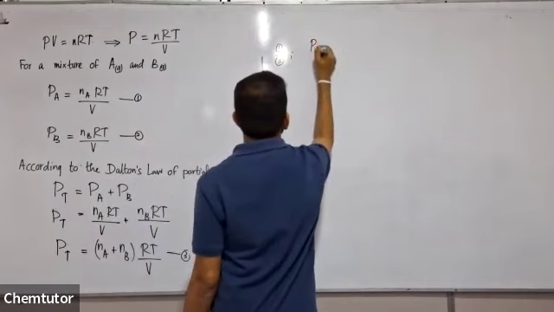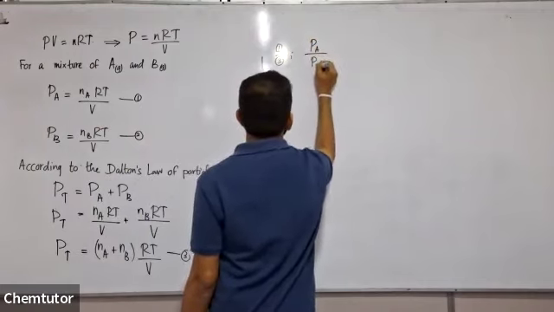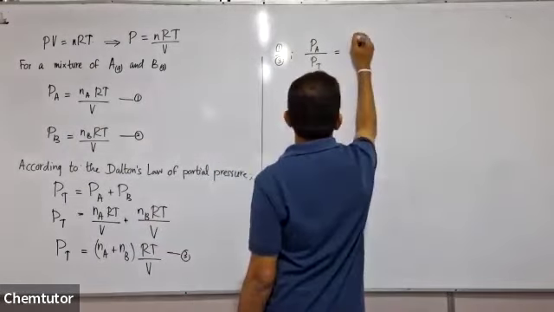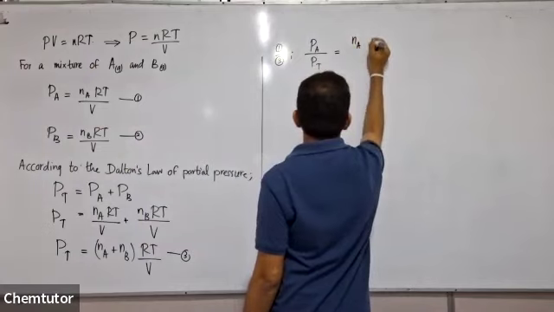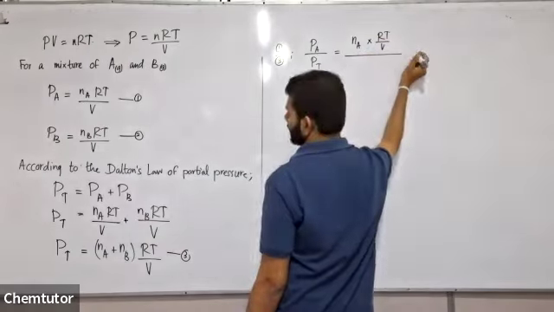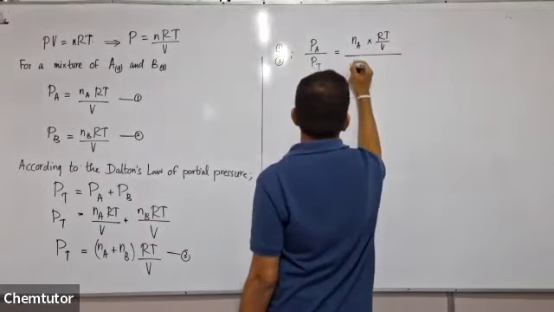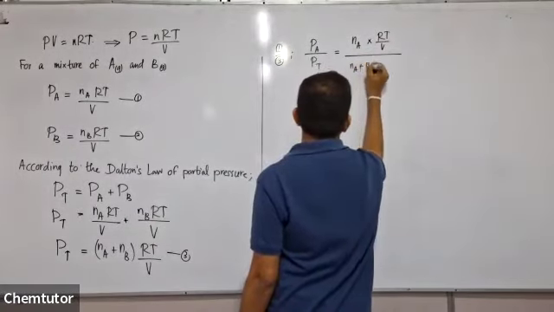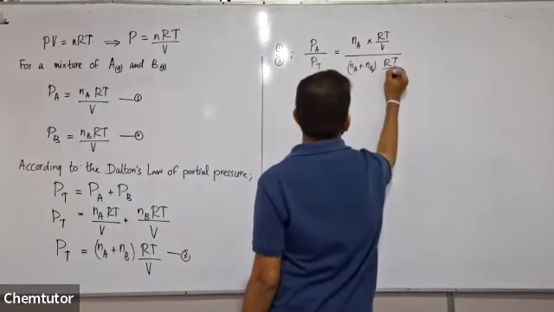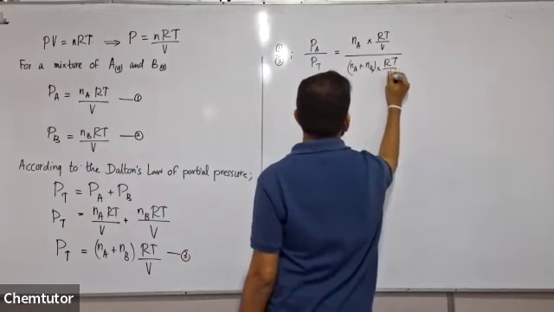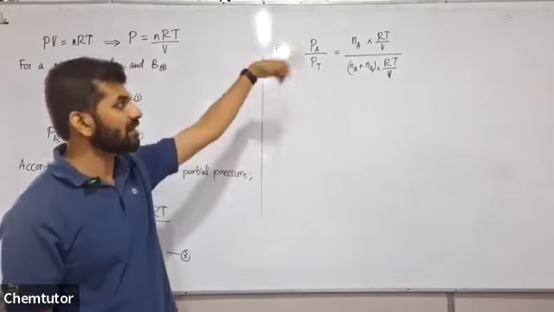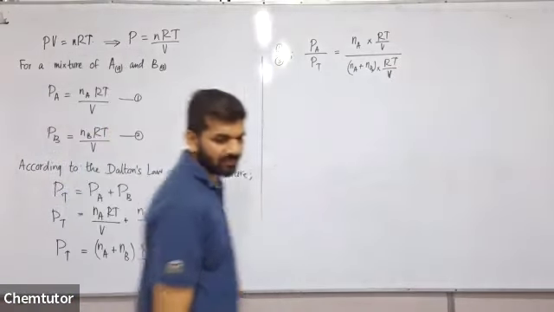So that is PA over PT equals Na times RT over V divided by Na plus Nb times RT over V. Then RT over V is a constant, so we can cancel them off.